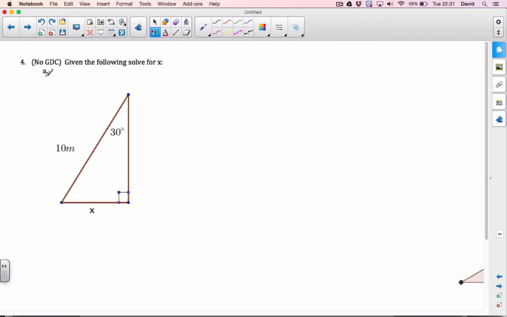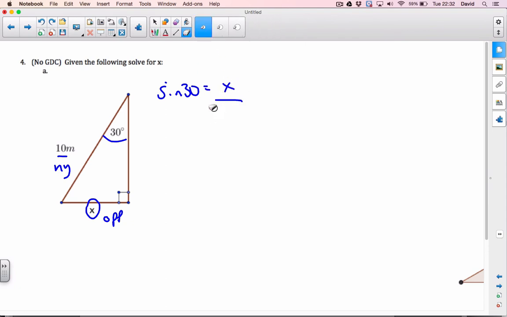So now let's note, given this triangle here, I want to solve for x. Well, if I know this is 30, this here is opposite of 30, and this is the hypotenuse. So the sine of 30 degrees is equal to the opposite over the hypotenuse, which is 10. Solving for x, I multiply by 10 sine of 30, but I can't use a GDC.